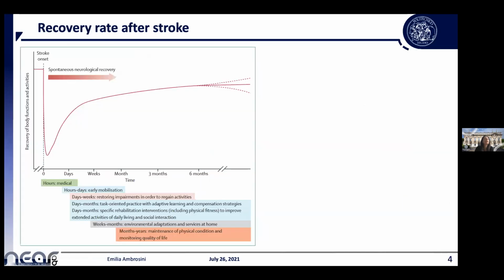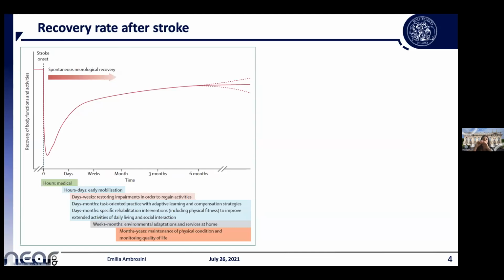This is the typical rate of recovery after stroke. So there is the stroke onset, then an initial phase of first days and weeks in which there is a spontaneous recovery, and it is still a little bit unknown what is going on during this phase.